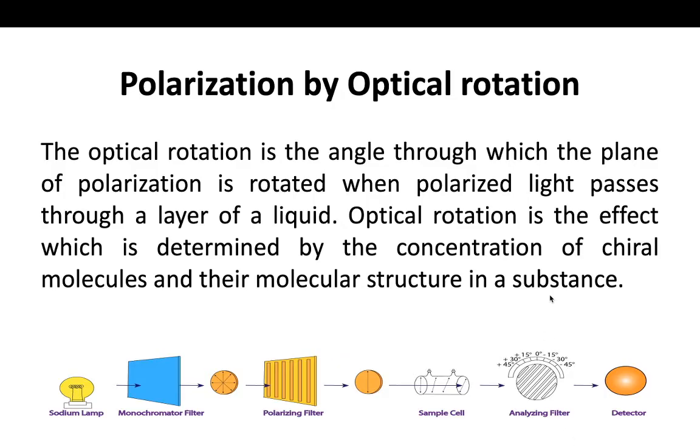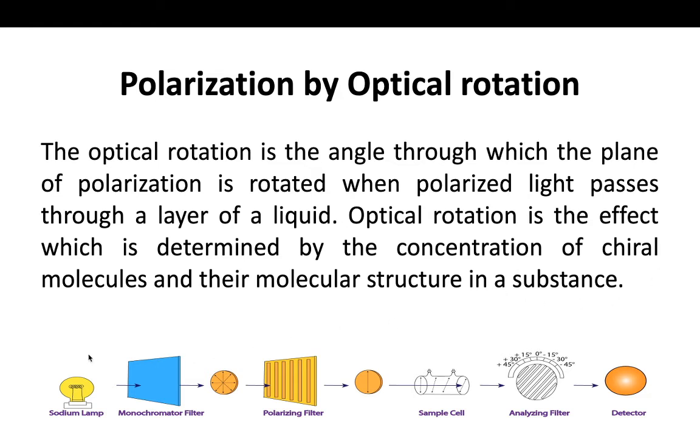So optical rotation is the effect which is determined by the concentration of chiral molecules and their molecular structure in a substance. So actually what happens in polarization by optical rotation?